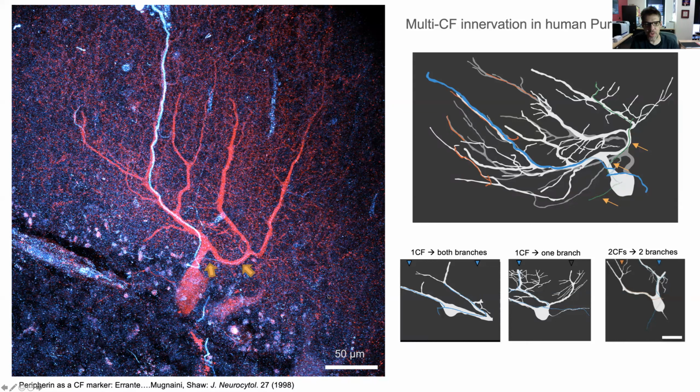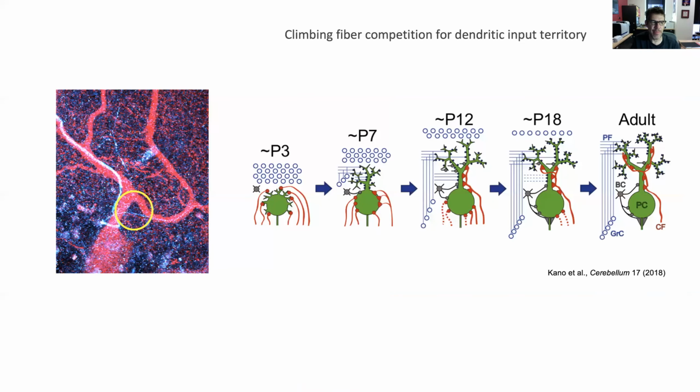I'm showing you details of this one particular one for the following reasons. Here you see one very strong climbing fiber on one branch of the same Purkinje cell, and one very weak one. You barely see this, but I pointed it out with these 2 arrowheads. The reason I show you that is because it makes a point, illustrating exactly the situation that I described earlier.